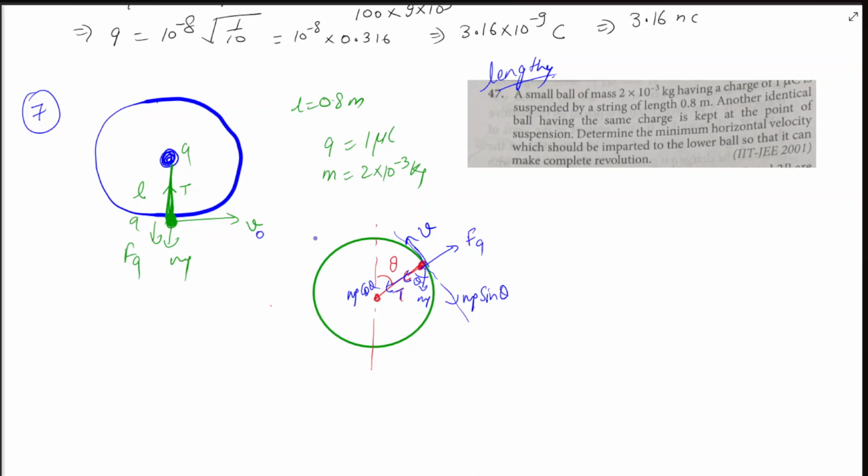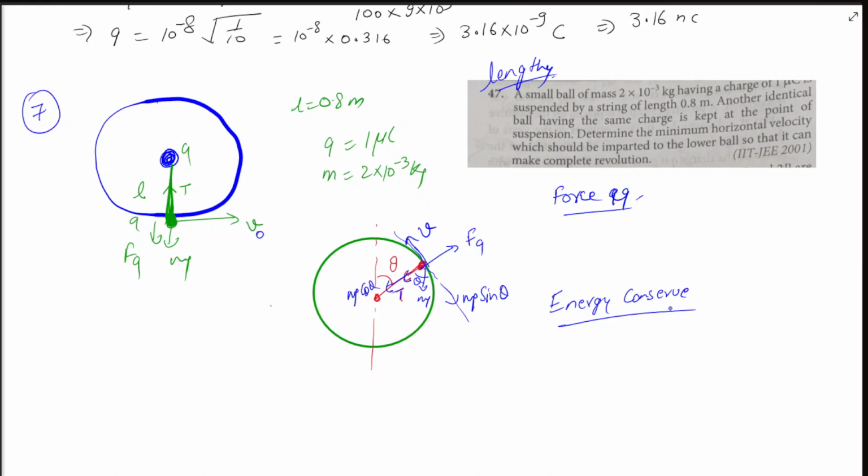So how have we derived this situation? We have to write two equations, right? One is the force equation, and another one is the energy conservation equation. We have to equate the forces and then write the energy conservation equation.